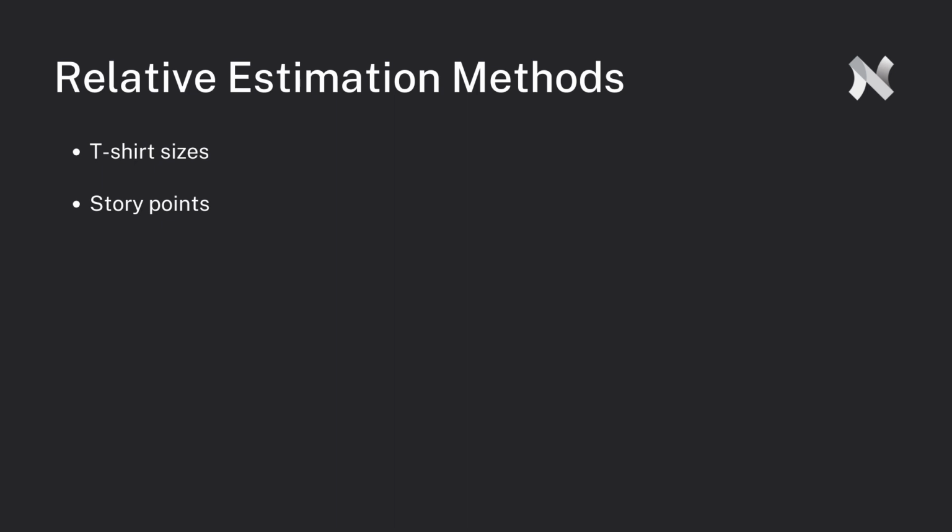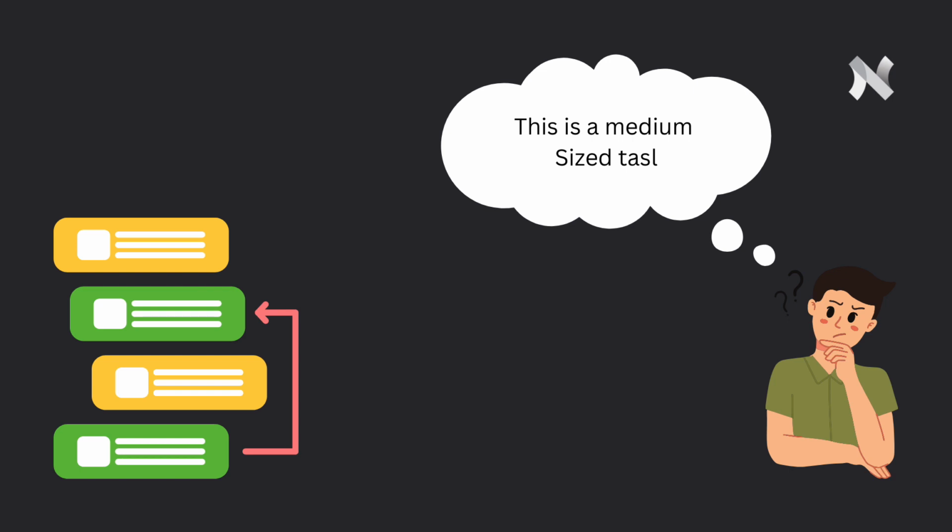There are two common relative estimation methods that I find most useful when estimating user stories. These are t-shirt sizes and story points. To get started, the team simply picks one item on the backlog that seems to be about a medium sized workload and simply calls that a medium in the estimate field.